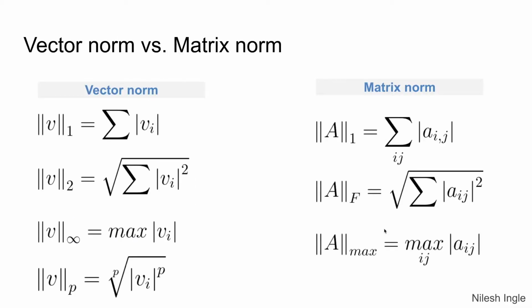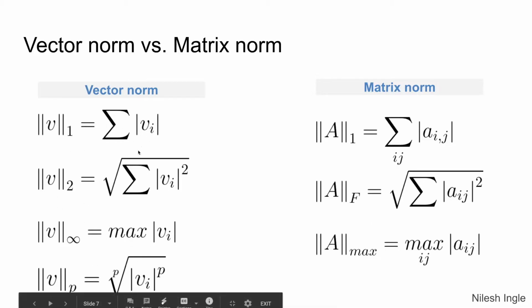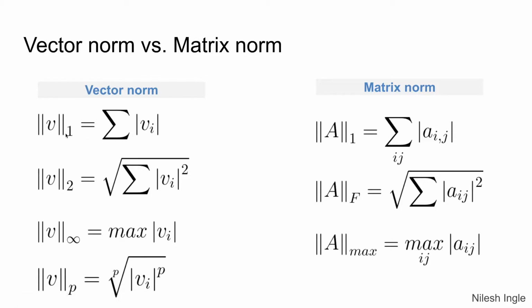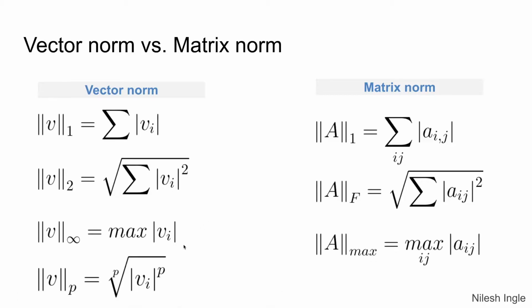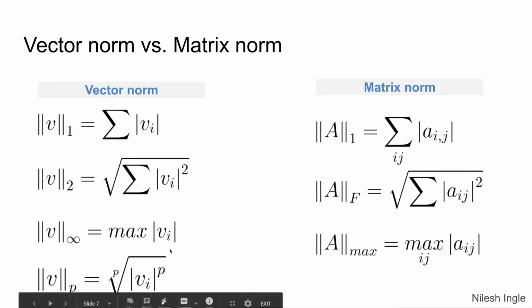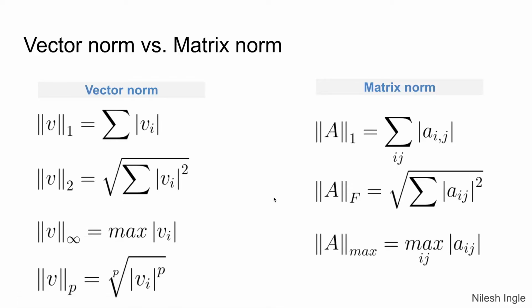Now, on this slide, let's look at some notations for vector norms and matrix norms. On the left hand side, we have the column for vector norms. Here we have already seen the L1 norm, L2 norm, and the infinity norm. In addition to these three, we can also get the P norm. The P norm simply raises the values to the power p and then takes the p-th root, as shown right at the very bottom.